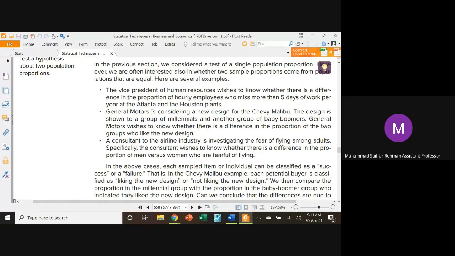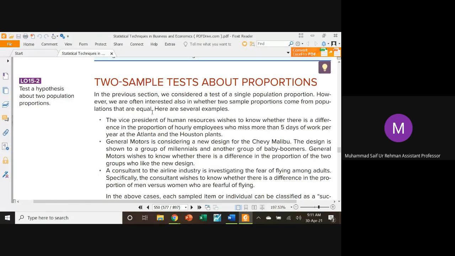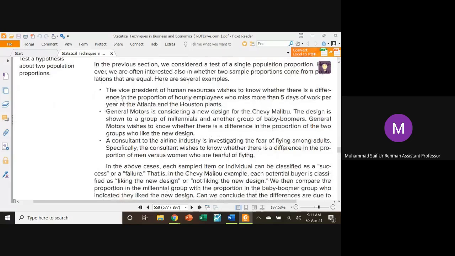So you may see the remaining examples like this. The Vice President of Human Resources wishes to know whether there is a difference in the proportion of hourly employees who miss more than 5 days of work per year at the Atlanta and the Houston plants.